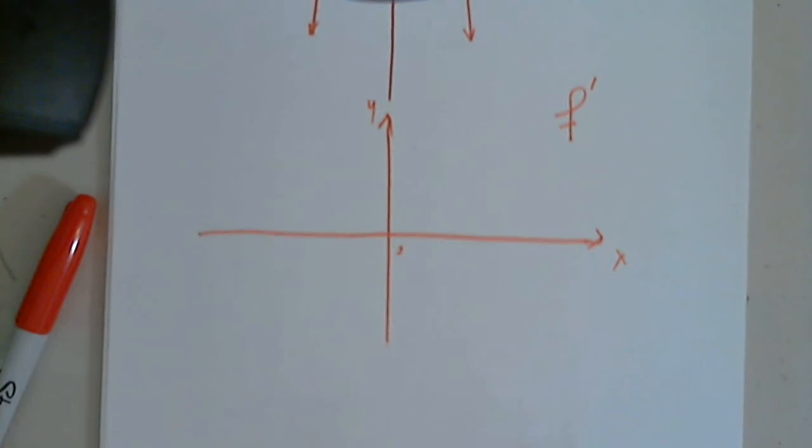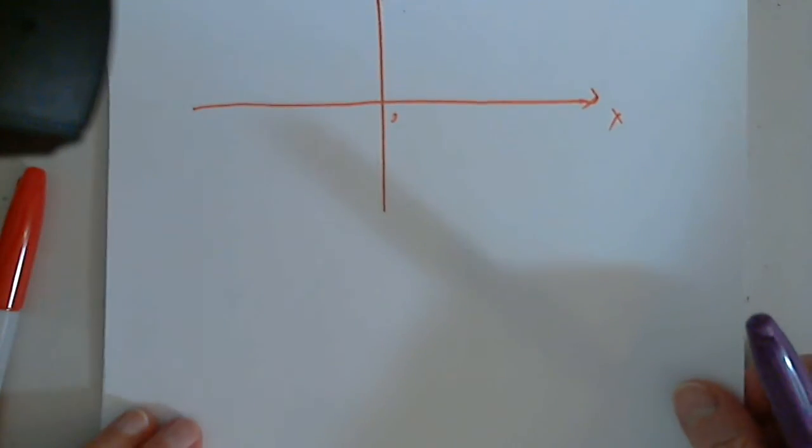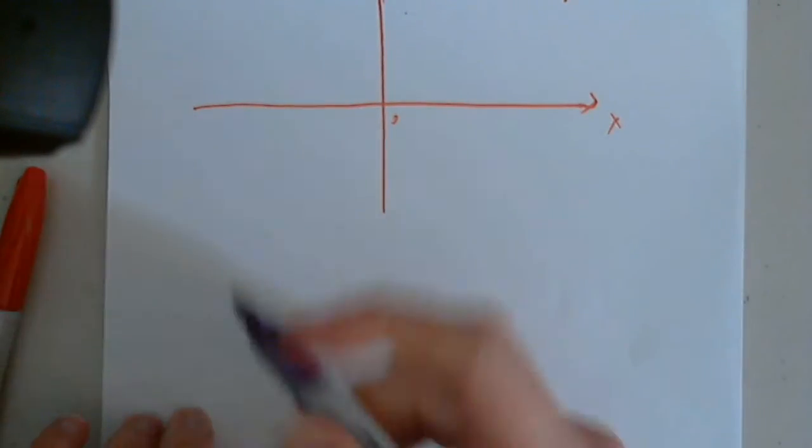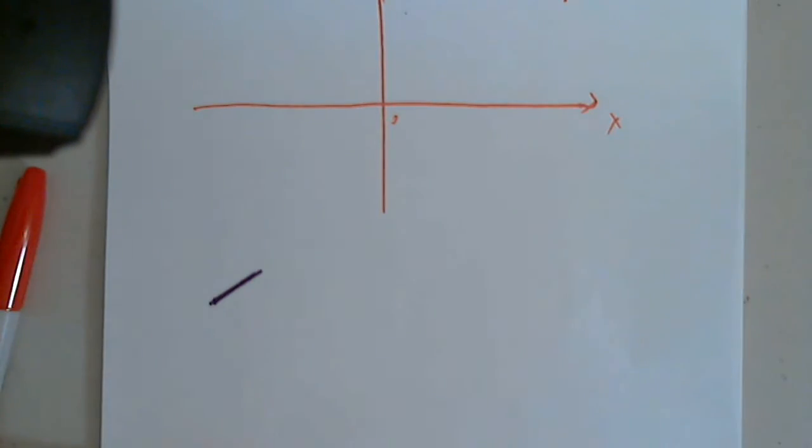Before I do that, I want to explain one thing, and I'll come back to the graph. So, can I determine the slope of this line? The answer is yes.